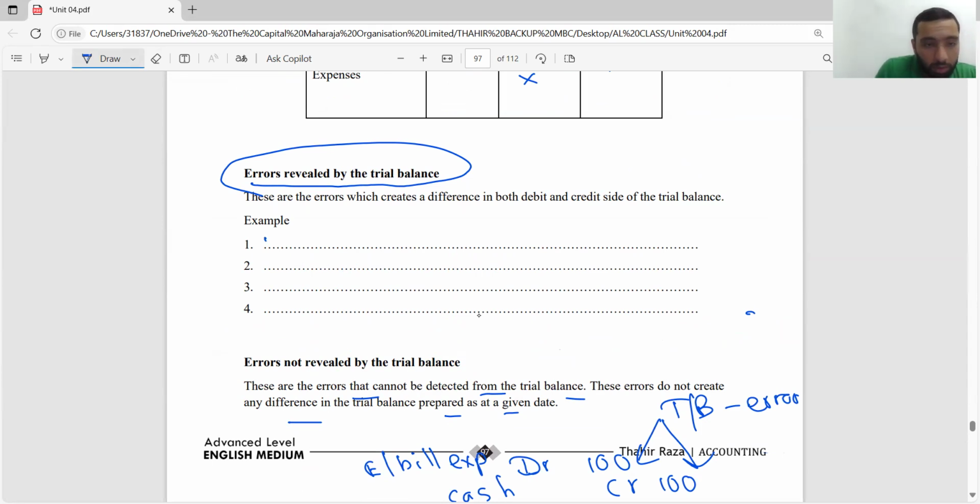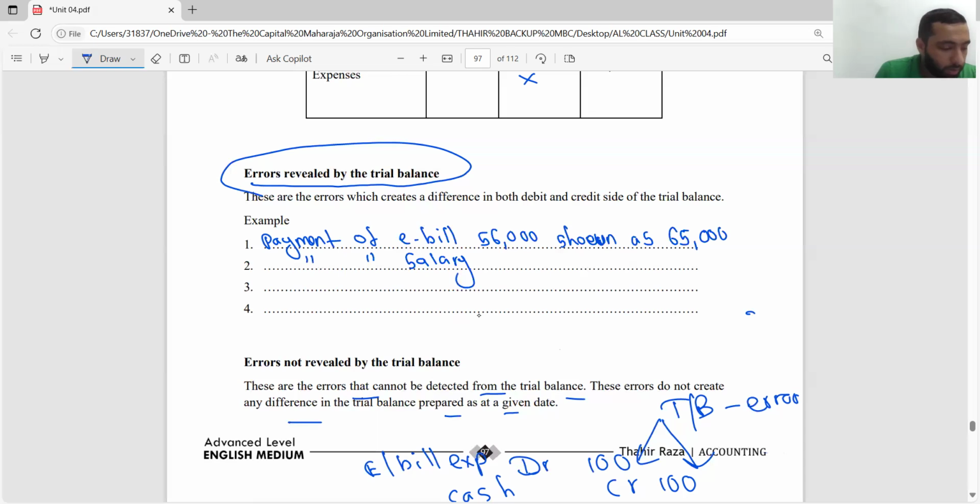Number 1, payment of electricity bill 56,000 shown as 65,000. Number 2, payment of salary is not recorded in salary account.